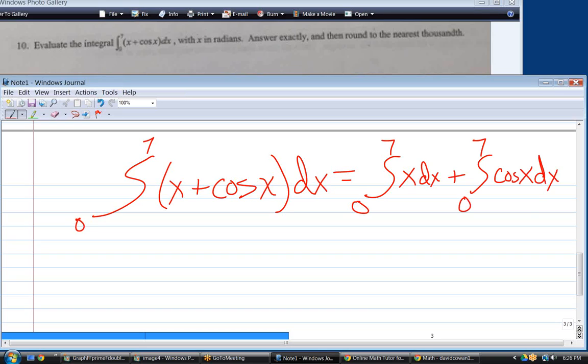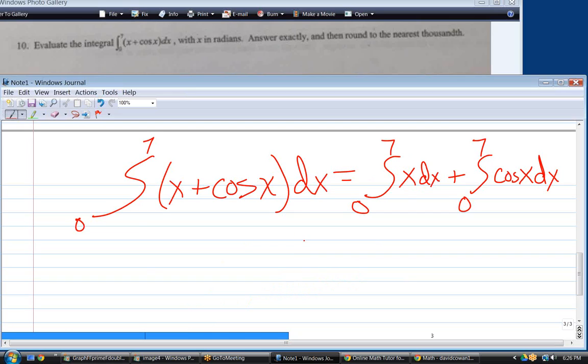If you have a function that is being nothing but added or subtracted, it's very easy to integrate it. What's tough to integrate are things that are being multiplied. In other words, if I give you x cosine x, that's not so easy to integrate. But if I give you x plus cosine x, I can separate it into two integrals, and then each of these is quite easy.